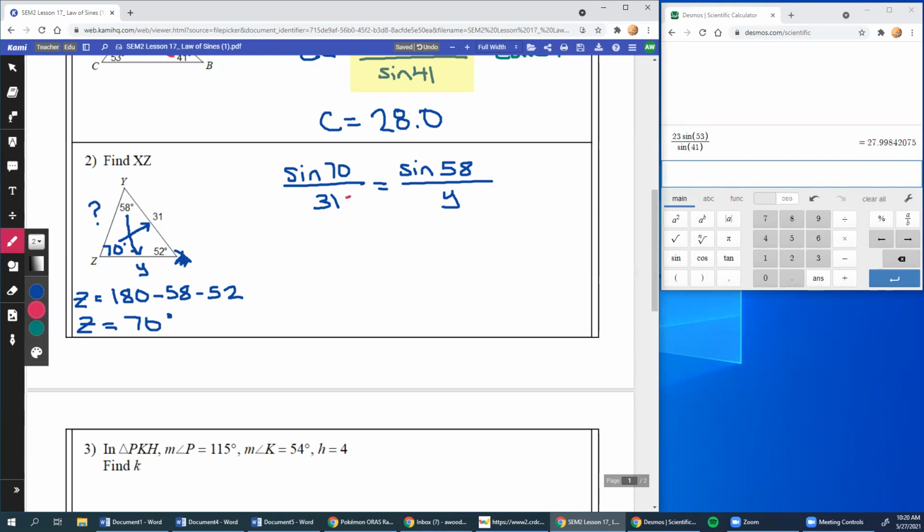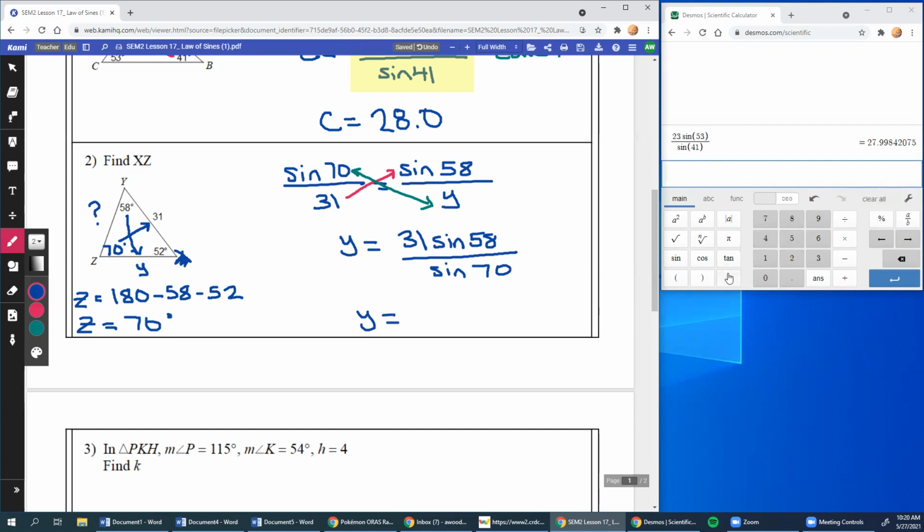Again, this 31 in the bottom is just going to come up to the top, while sine 70 and y flip-flop spots. So y is equal to 31 sine 58 all over sine of 70.